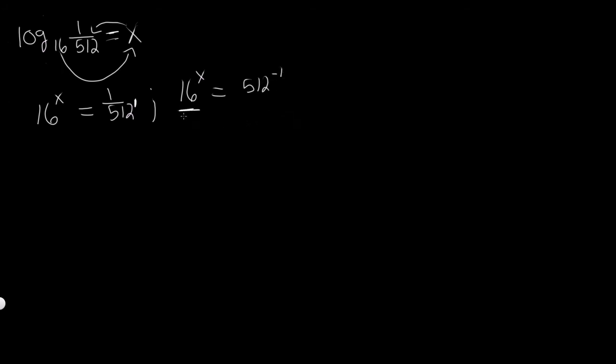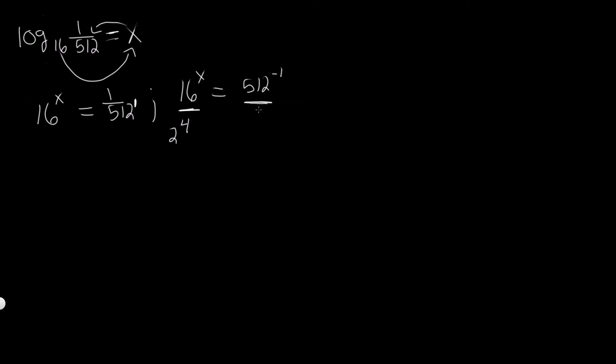Now, I guess this is going to be the hardest part: we need to find a similar base that we can raise to an exponent. I know we can raise 2 to a power to get 16, and that is 2 to the 4th.